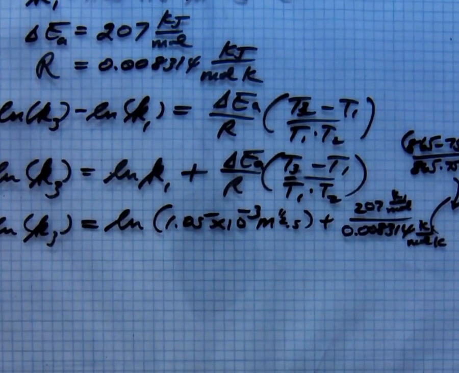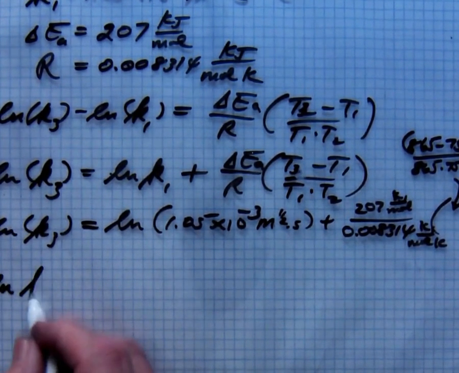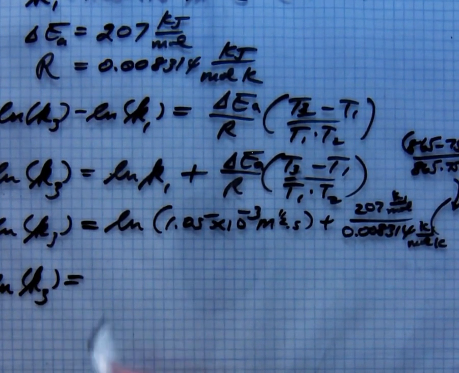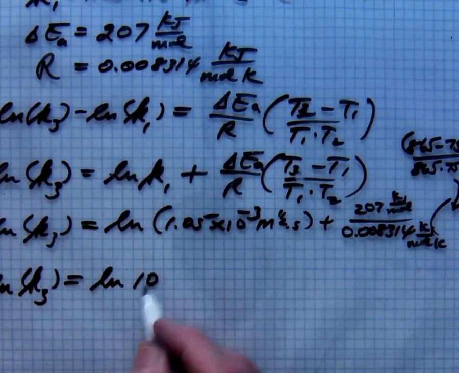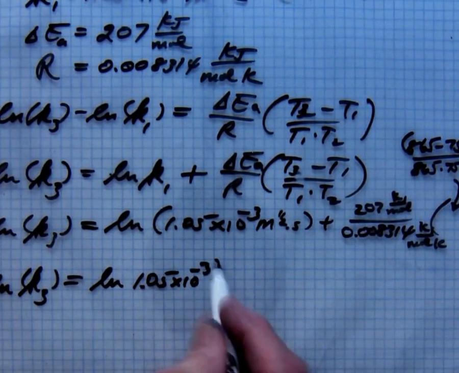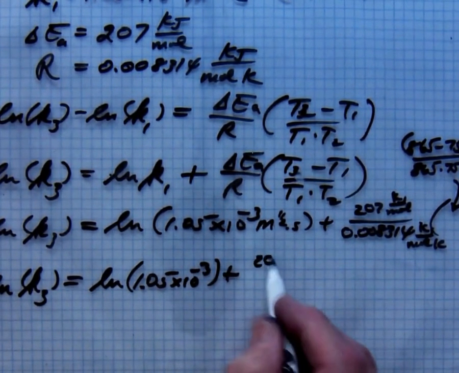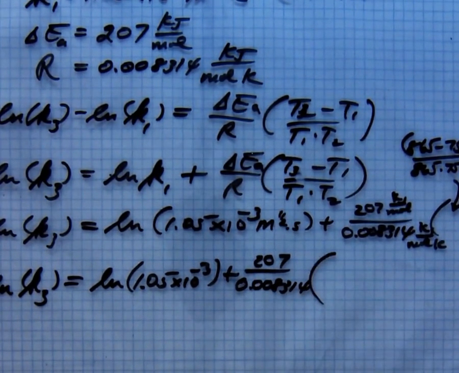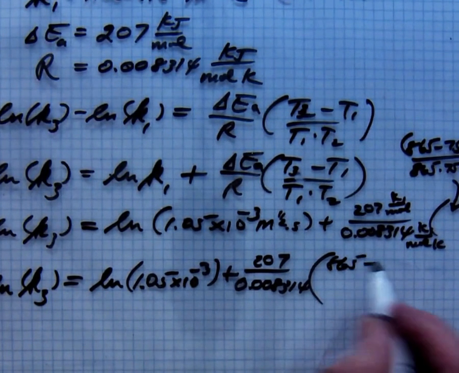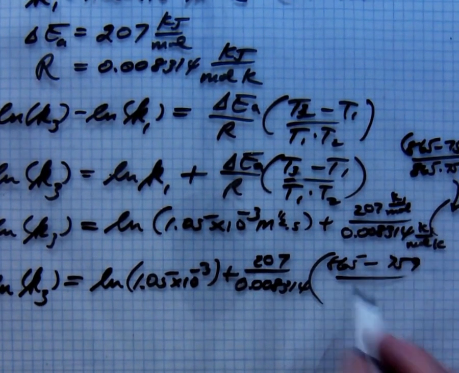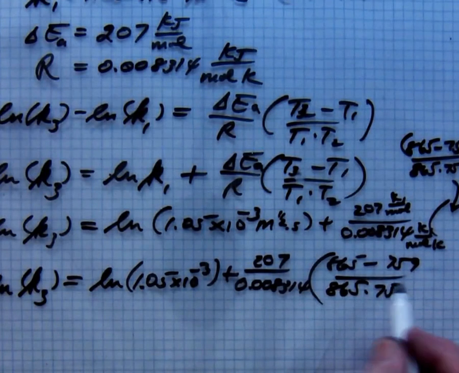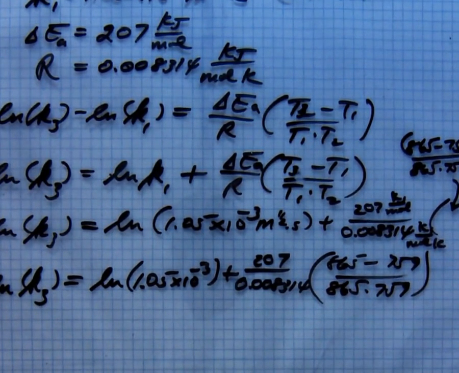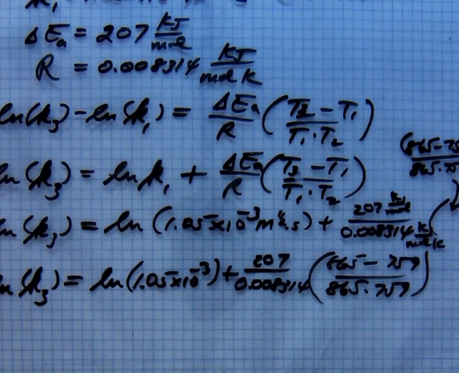So now, simplifying all the units and removing them, we'll have ln of K3 to equal ln of 1.05 times 10 to the minus 3 plus 207 over 0.008314 times 865 minus 759 divided by 865 times 759, and we want to solve that and then take the analog of the ln function.